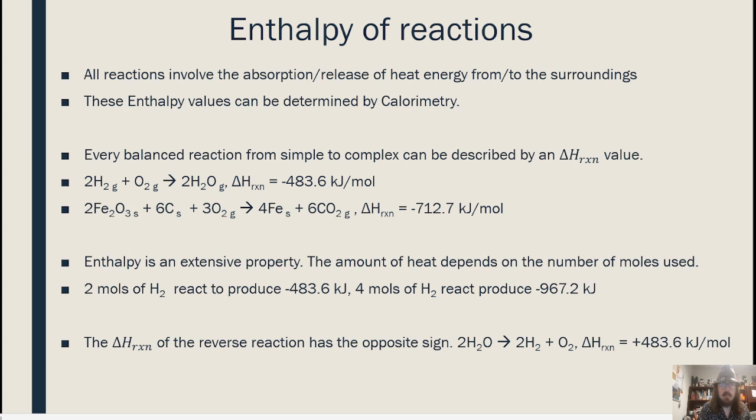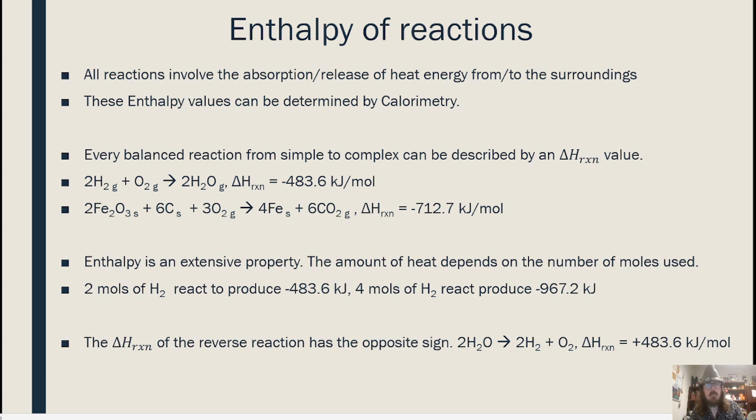Every balanced reaction, from simple to complex, can be described by its own unique enthalpy of reaction value. You can calculate these, and these can be tabulated and shared around the world, so that we can trustworthily report that if I burn hydrogen with oxygen under these conditions, it will produce negative 483.6 kilojoules per mole of hydrogen combusted.